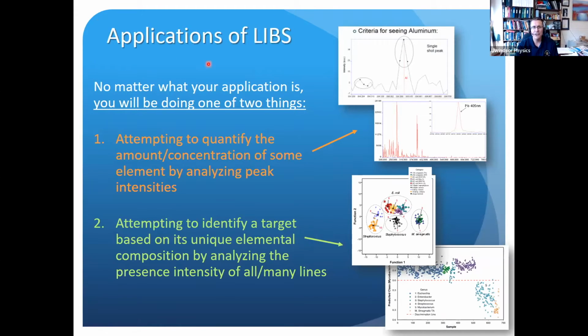I don't even have time to go through all the applications. They really fall into one of two things. Once you get this LIBS spectrum, there are a whole bunch of people who want to quantify the amount or concentration of some element. When I was at Wayne State, I was looking for lead in the highway roadside in Detroit. We used to drive cars, long before you guys were born, with leaded gasoline.